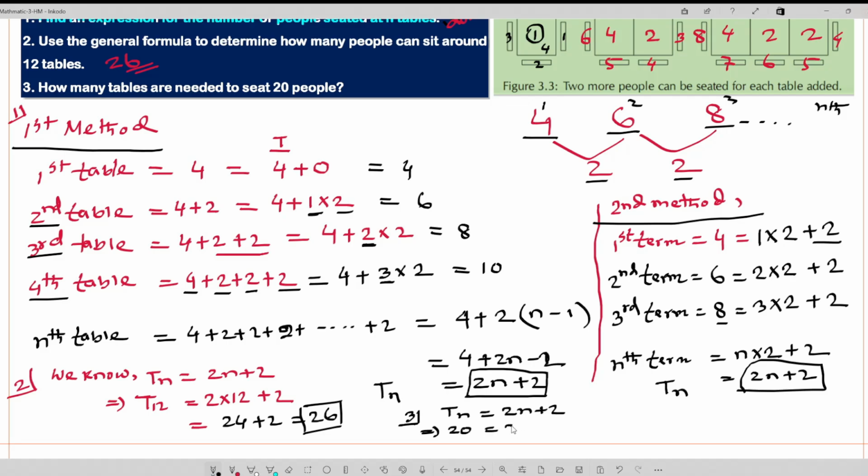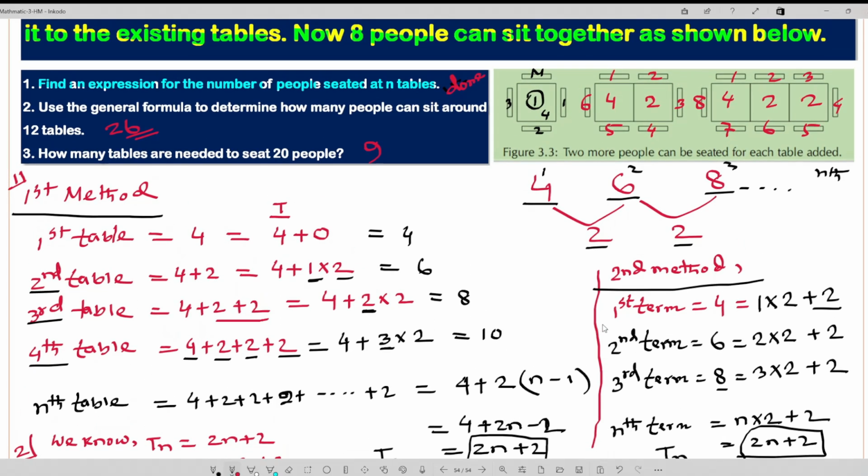It means here 2n plus 2, this one we can write 20 minus 2 equals 2n, it means 18 equals 2n. So once you divide both sides by 2, 9 equals n. It means 9 tables are needed to sit 20 people. 9 tables. So on this page we are trying to complete this one.